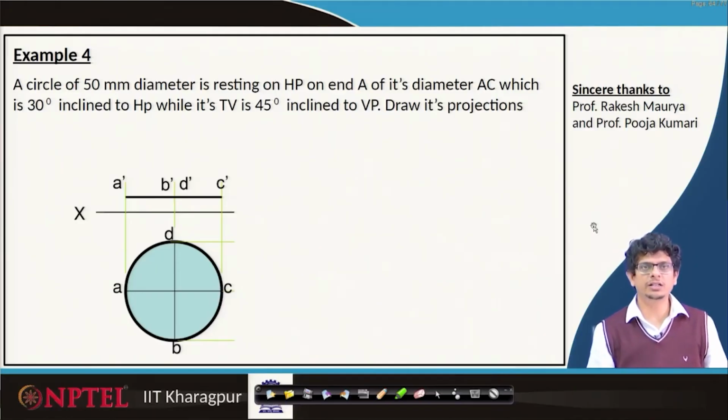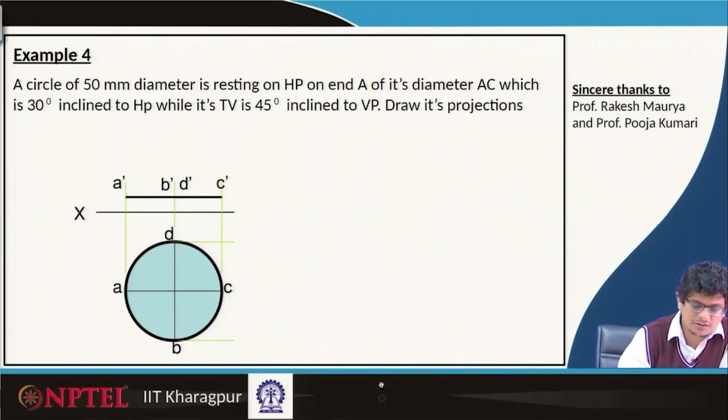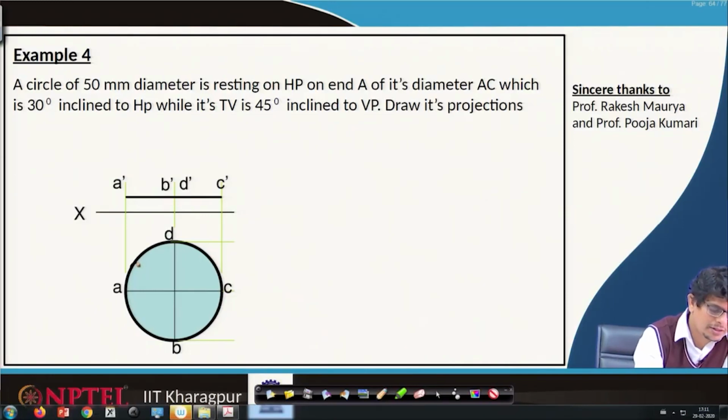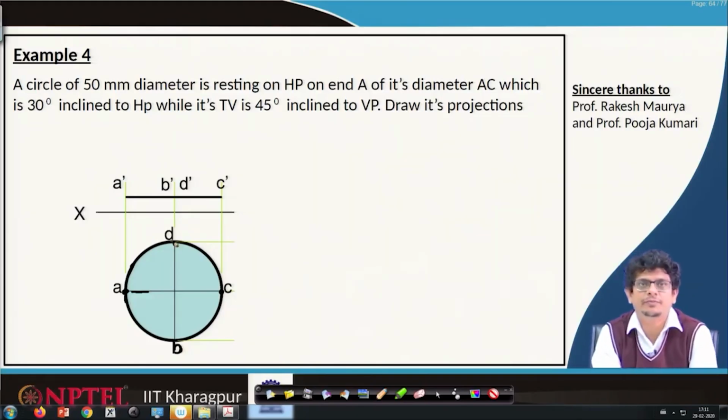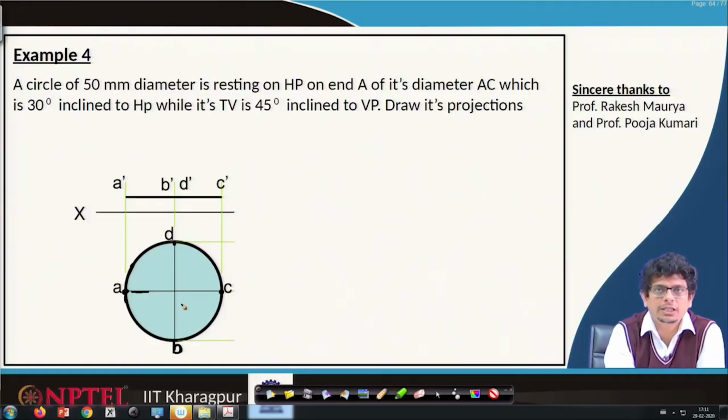So, let us begin constructing a circle. Here, a circle where AC is one of the diameters and BD is the other diameter. We want to keep this AC resting on this horizontal plane.